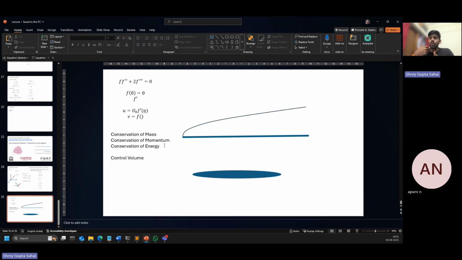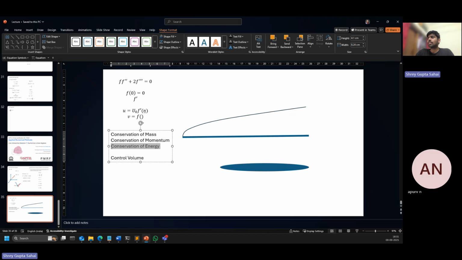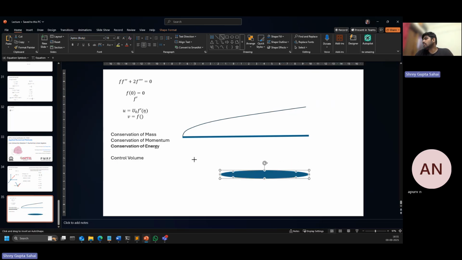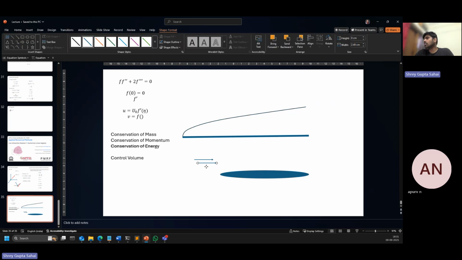and the flow is also low velocity. The flow is also incompressible, since speeds are low. The first thing we'll notice is that conservation of energy will not give you anything. Essentially, what conservation of energy gives you is temperature. If the temperature variations are not large, and temperature is an imposition, you impose temperature in this ellipse, and there is a flow around this ellipse.